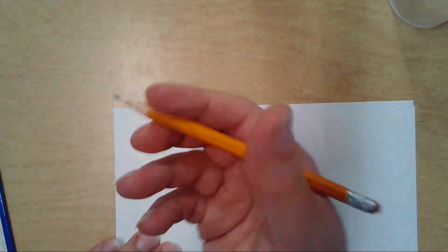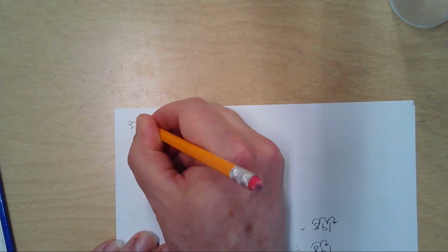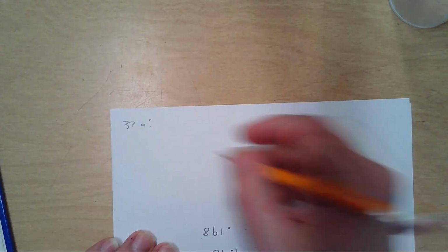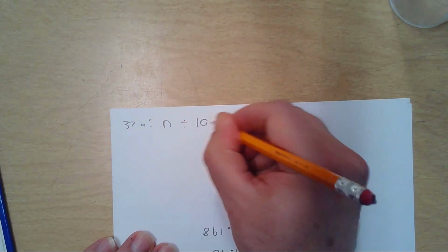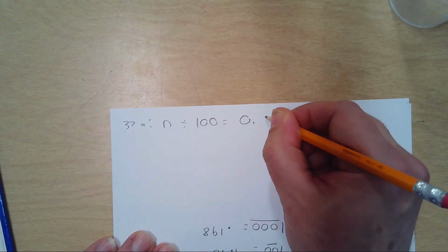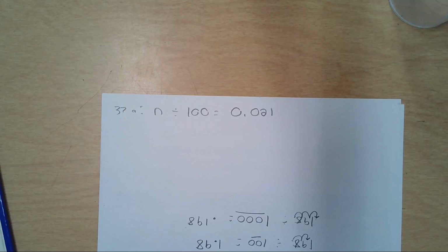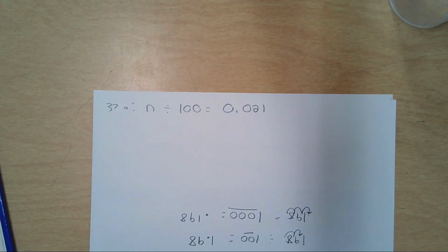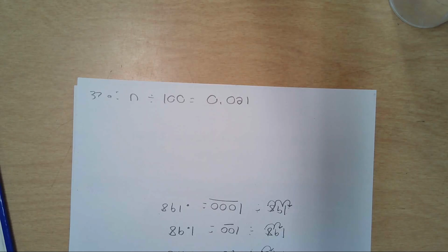So 37, I'll just call it 37A. It says n divided by 100 equals 21 thousandths. When I divide by 100, that just meant I moved the decimal 2 spots to the left.